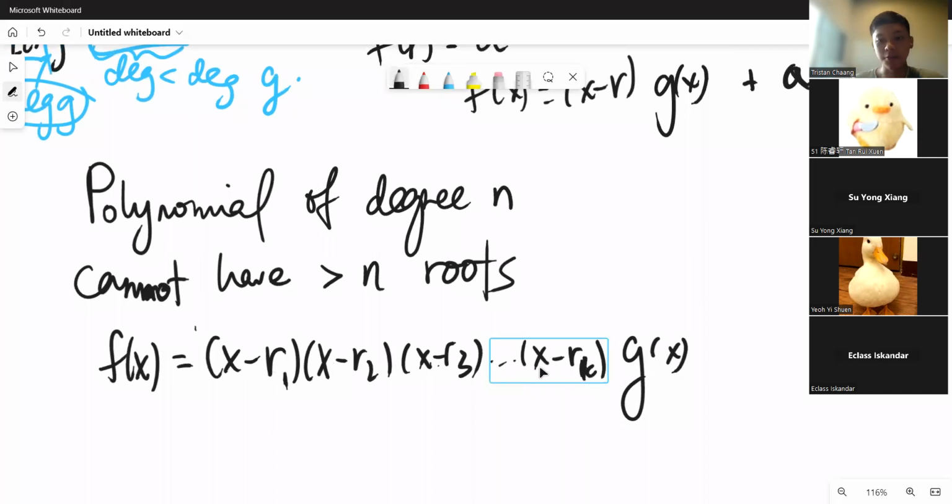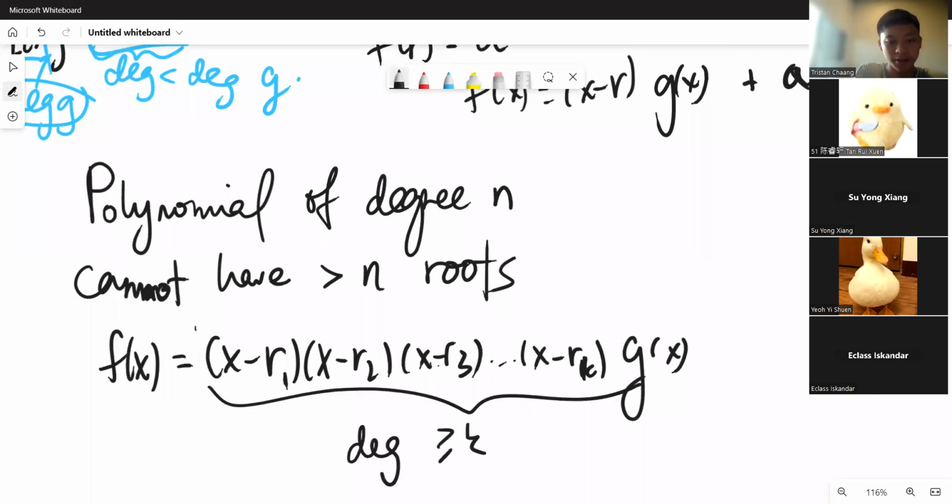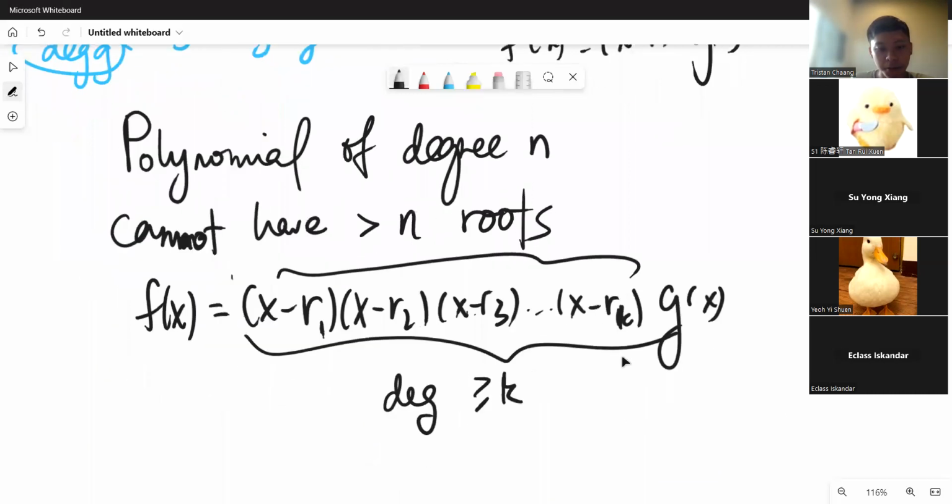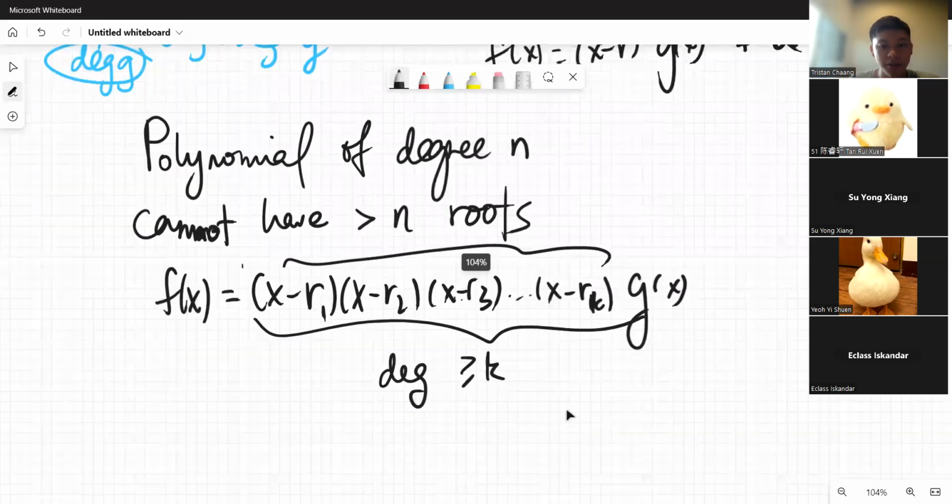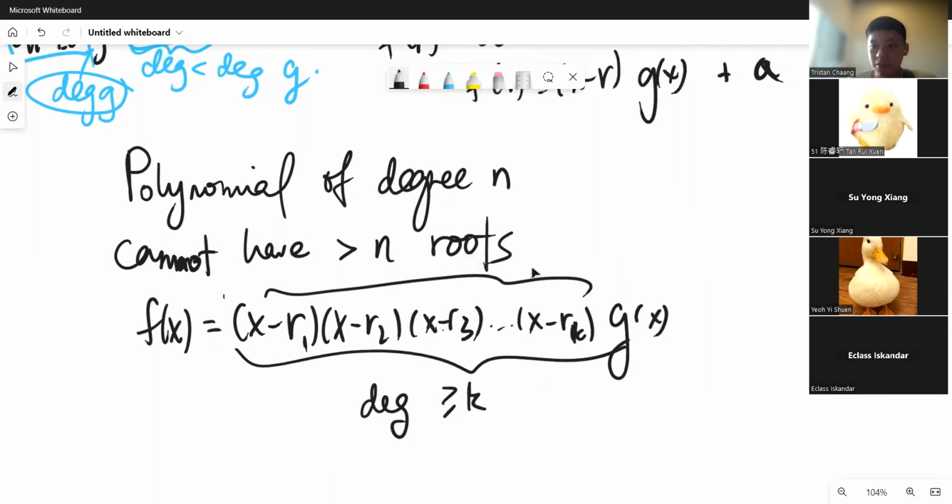Well, obviously the degree is more than or equal to k, because there's already k linear factors, and then times a non-trivial polynomial. So that means you can only have as many roots as the degree is. So that's going to be quite important afterwards.